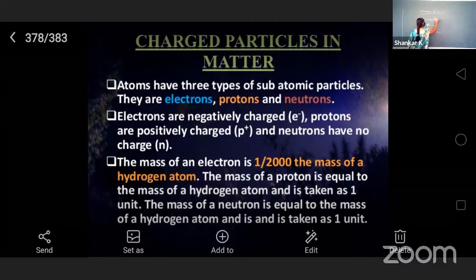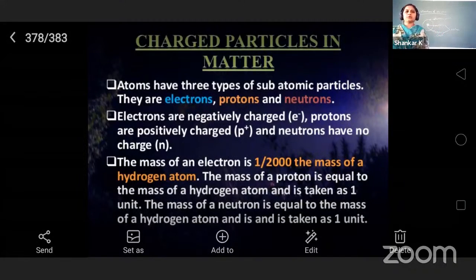These are electrons and these are neutrons. Neutrons and protons together we say form the nucleus in the structure of an atom. Protons have positive charge, electrons have negative charge, and neutrons don't have any charge.